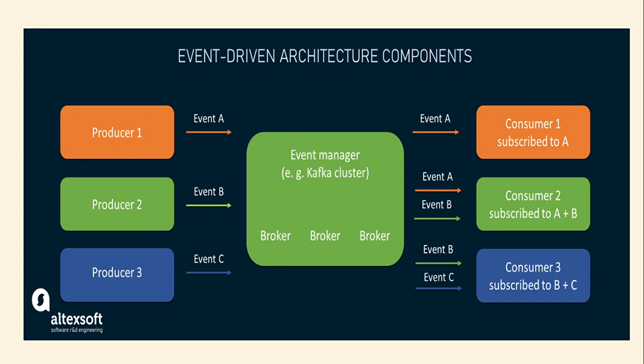To manage all the events we have an event manager or broker. You must have heard about Camel, ActiveMQ or Kafka. You must have heard about Zookeeper, which acts as a broker for Kafka.